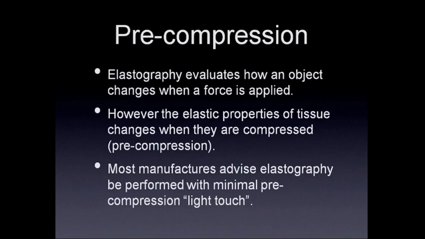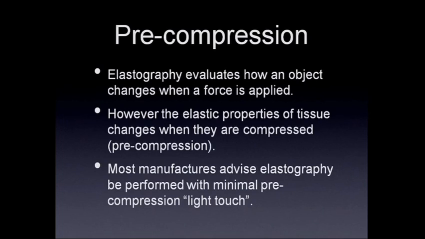One of the things that we have found to be the most problematic of why people who start with elastography are not getting good results is something called pre-compression. Elastography obviously looks at how these forces change when we apply them to the breast.